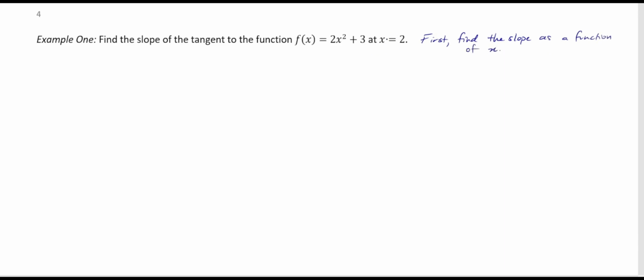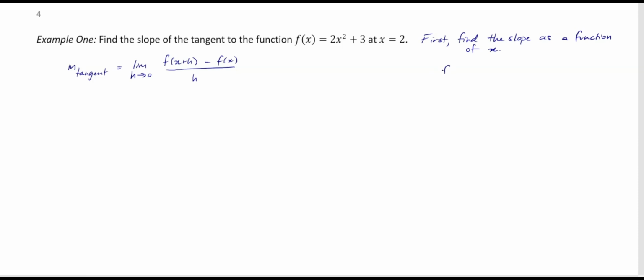So I'm not going to substitute x is equal to 2 until the end. So the first thing that I'm going to do is say, all right, well, the slope of the tangent is equal to the limit as h approaches 0 of f at x plus h minus f at x all over h. And let's do a little bit of work on the side.